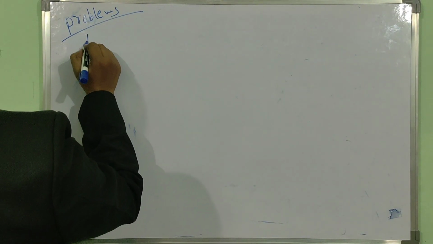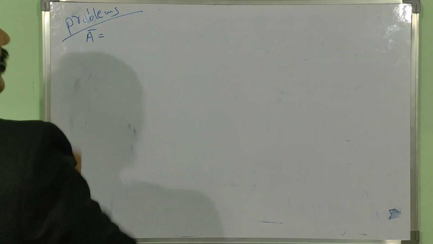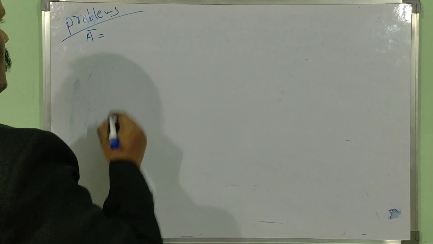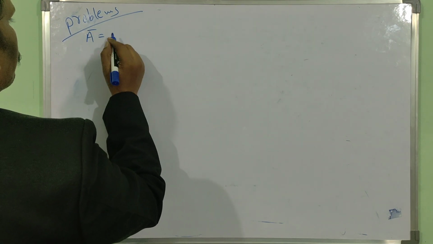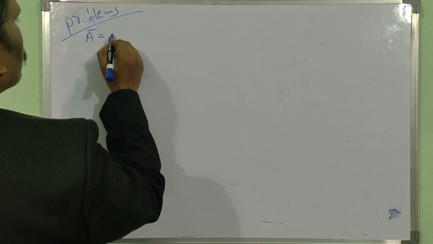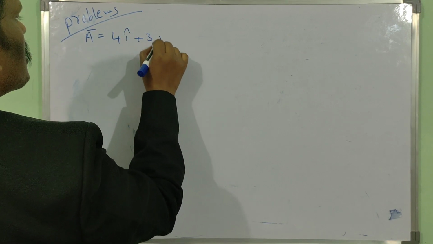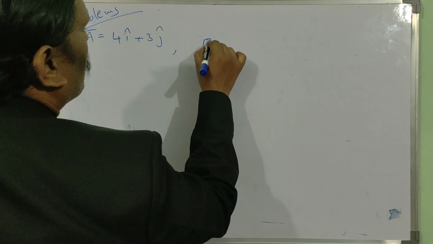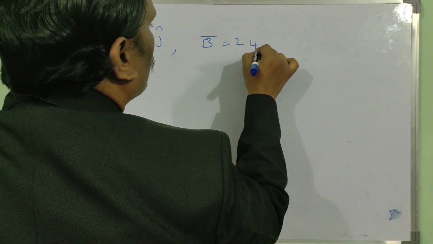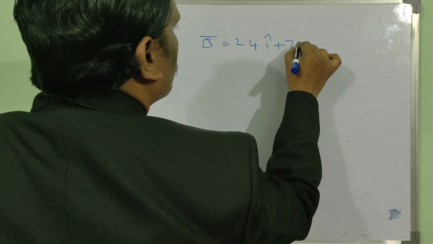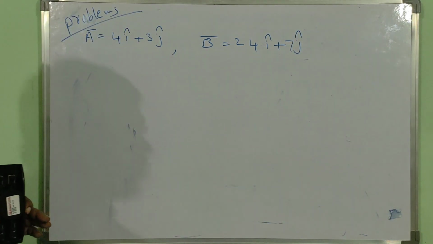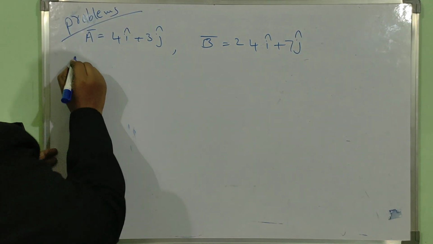Suppose there are two given vectors. A bar vector is given, consider 4 i cap plus 3 j cap. And B bar vector is also given, consider 24 i cap plus 7 j cap. These are the two given vectors. Then we need to calculate one vector.